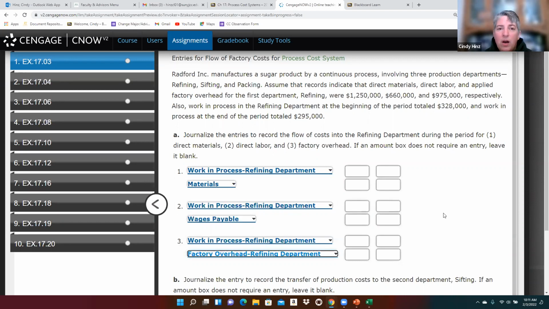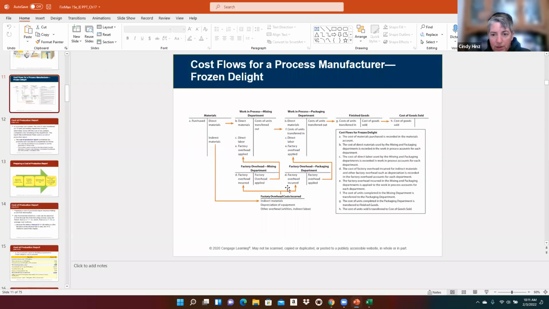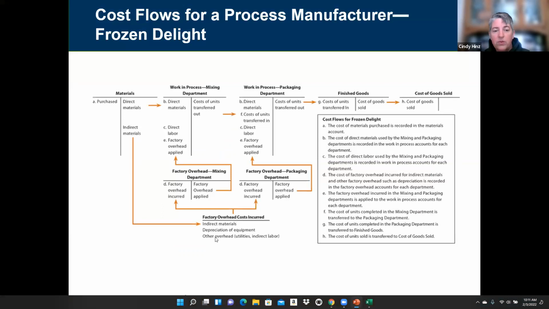And again, as we saw in the PowerPoint, there are actually 2 separate factory overhead accounts in that flow chart. We had one main factory overhead account, and there might be some costs that are incurred directly in the factory overhead account for each department. But you can see for this company that had 2 separate steps, mixing and packaging, they have 2 separate overhead accounts as well.